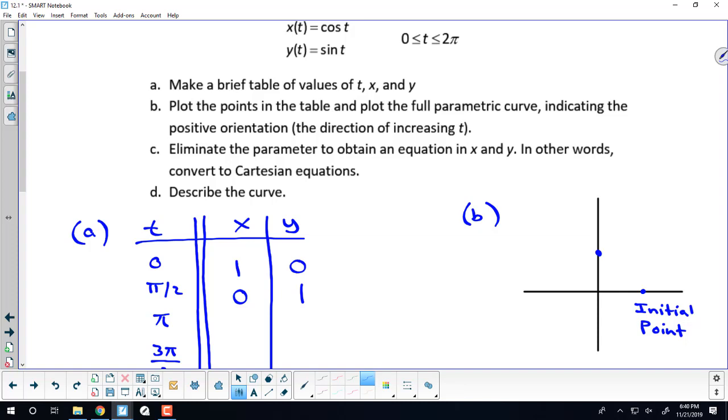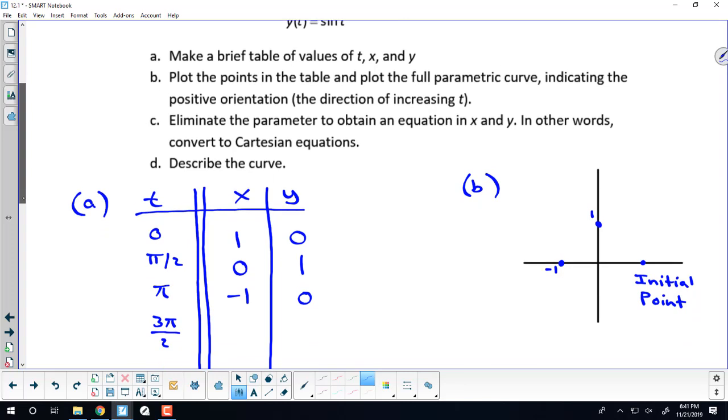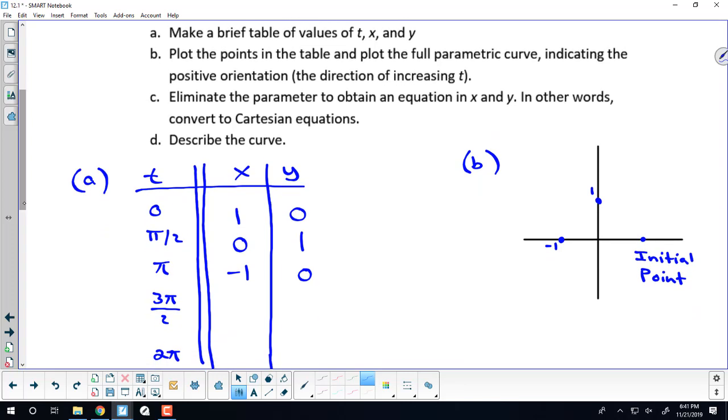Cosine of pi, sine of pi: (-1, 0). Cosine of 3 pi over 2, sine of 3 pi over 2: we get the point (0, -1). And then cosine of 2 pi, sine of 2 pi: we're back to our initial point, our starting point.